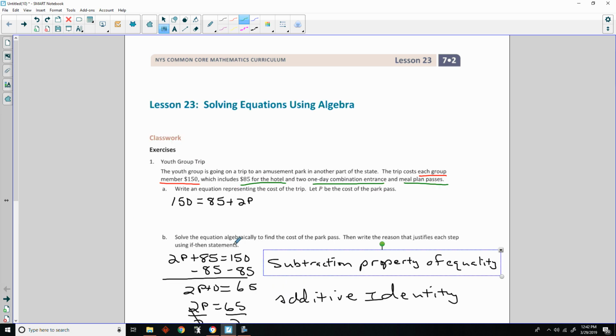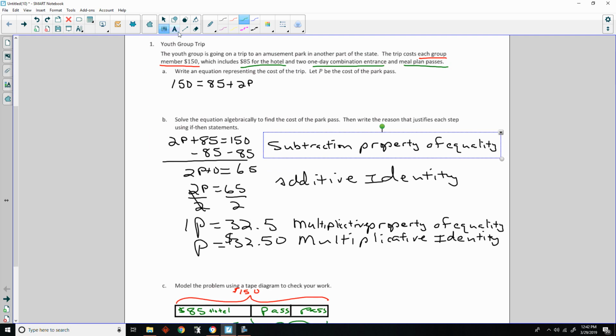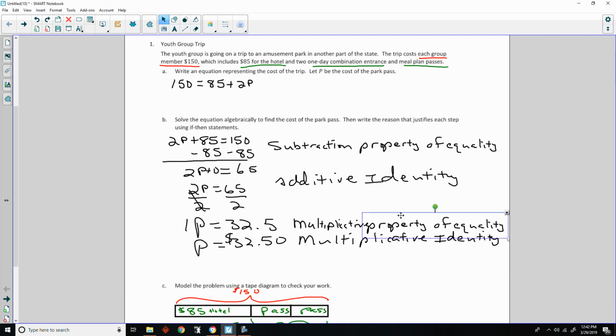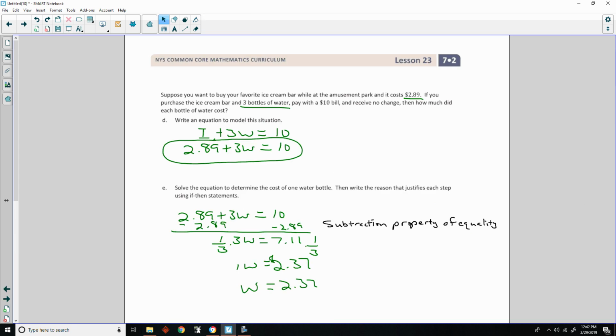Let's just type this just to save. It's hard to read anyway.